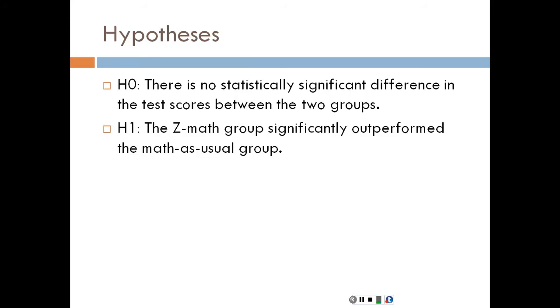So for our hypotheses for this particular study, for an independent t-test, we can say our null hypothesis would be there is no statistically significant difference in the test scores between the groups. And our H1, our alternative hypothesis, could state the Z-Math group significantly outperformed the math-as-usual group.